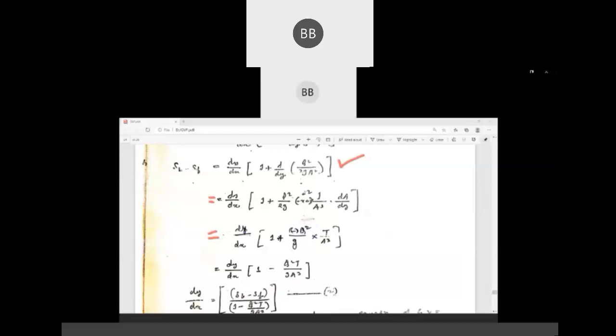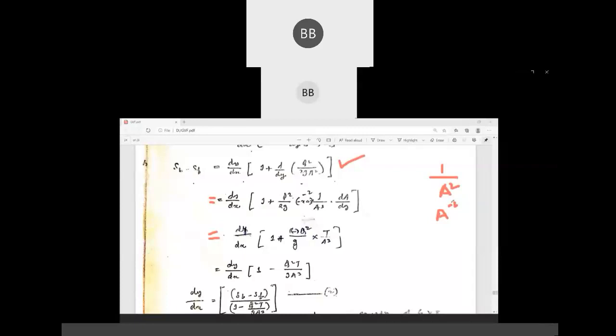So this will be your minus 2, because if you differentiate this 1 by A square, or you can write A to the power minus 2, it will be minus 2 A to the power minus 2 minus 1.